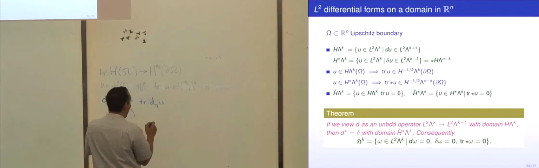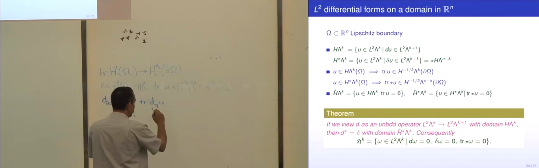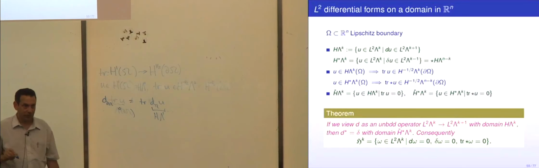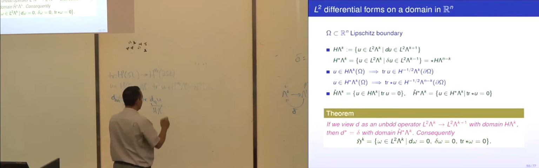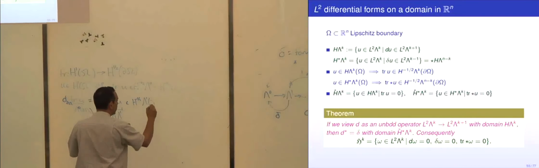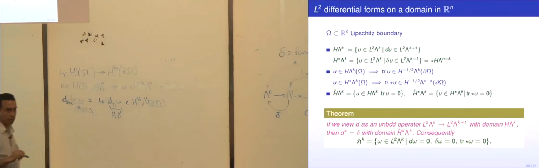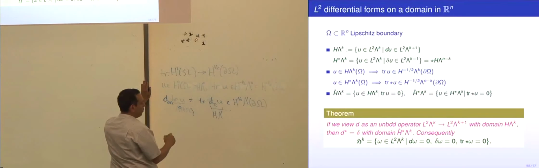Okay? And D of u is in H Lambda 1, because D takes H Lambda 0 to H Lambda 1. So the trace of D of u is in H minus 1/2 1-forms on the boundary. So actually, this would have worked not only for 1-forms, but for k-forms.